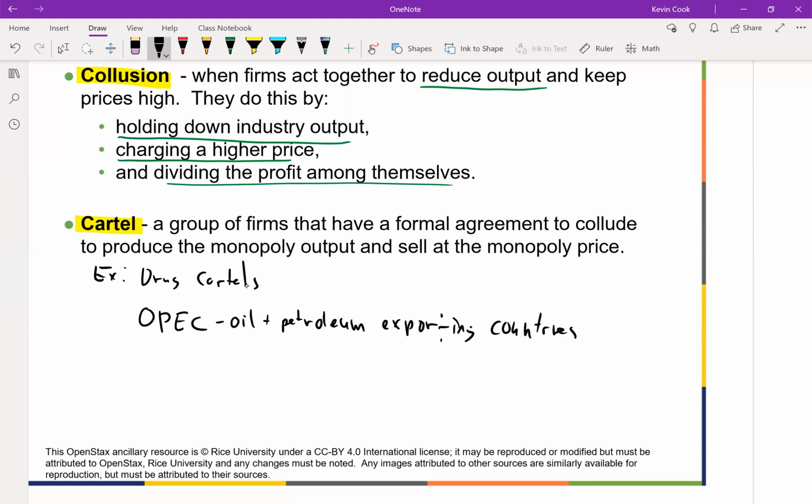And we might have like Malaysia or something like that. Let me look really quick. No, not Malaysia. So you have Venezuela, Saudi Arabia, Iraq, Iran, Algeria, Libya, and a couple other countries in Africa.